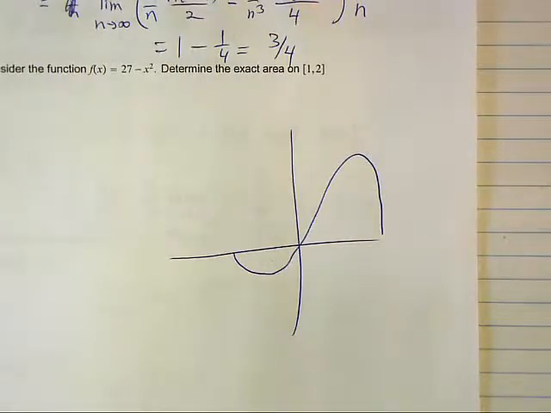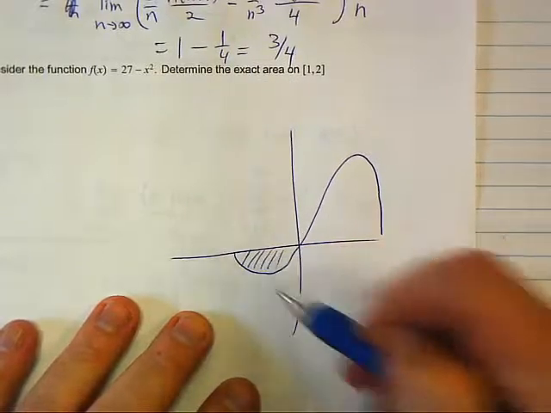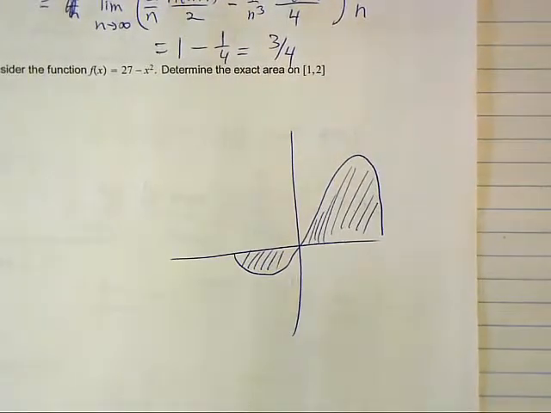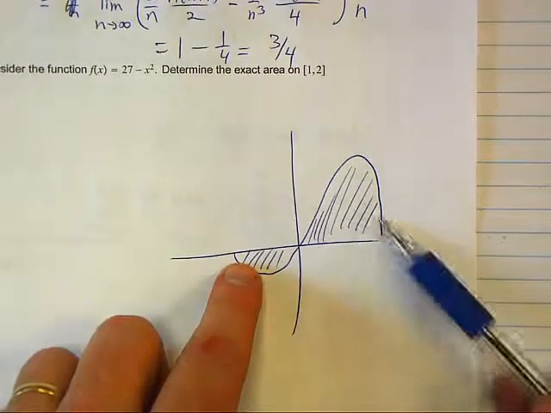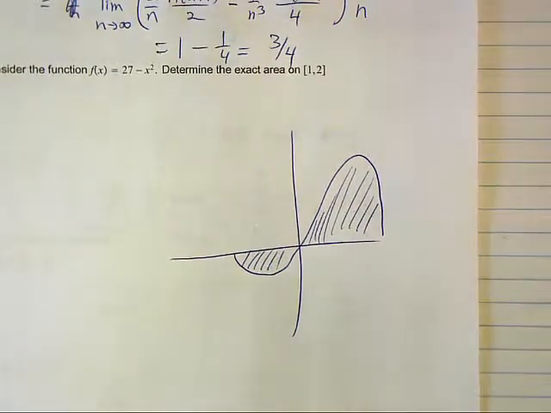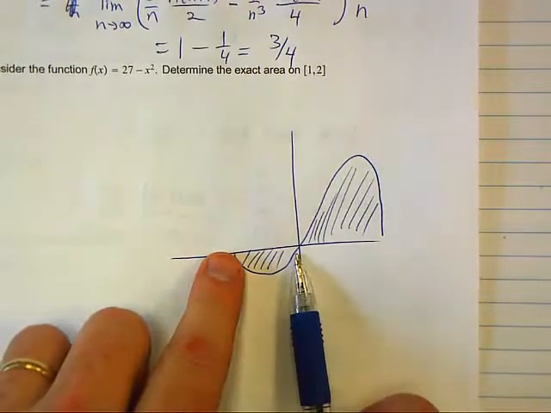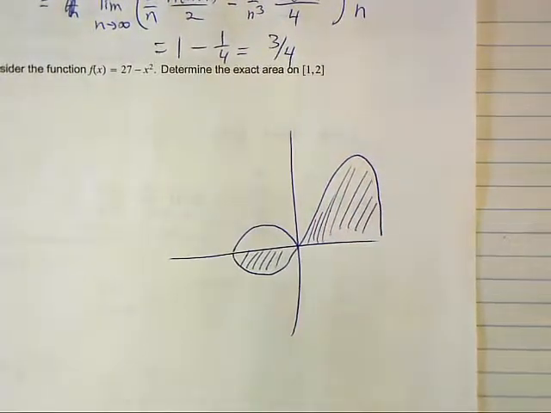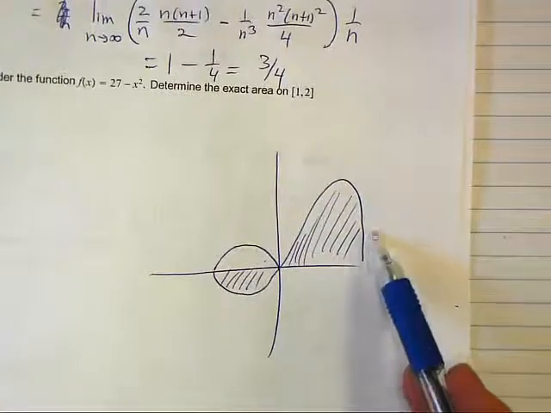You would have this portion, which would be a negative area, that portion, which is a positive area. Altogether, you would get a positive number, but it wouldn't actually represent the total area, would it? No. If you wanted the total area, you would do the absolute value, and then you would make this part look like that, and then it would be positive. This one would be the same because it would still be positive.